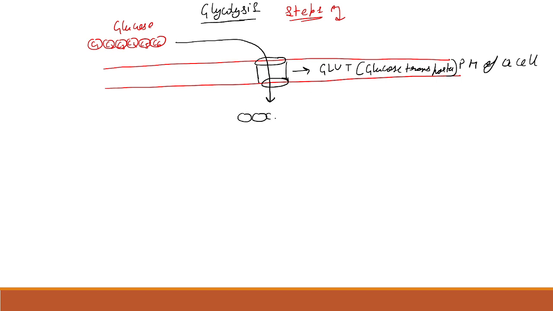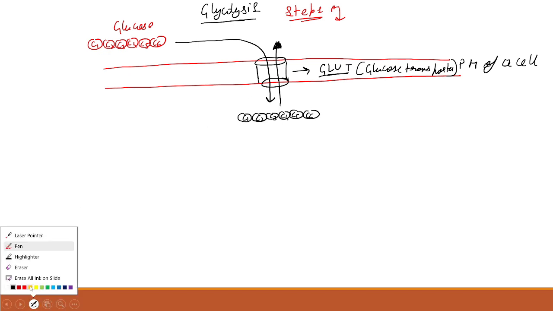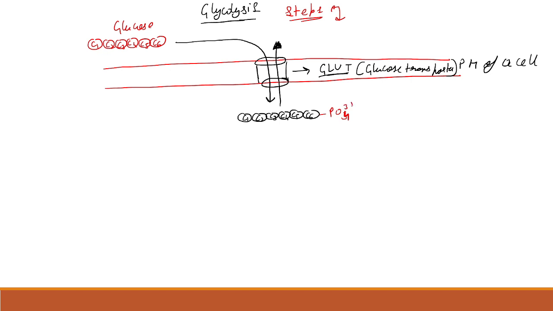But after entering the cell, the glucose may return out of the cell, because this GLUT transporter is bidirectional. So since the GLUT transporter is bidirectional, it can take the glucose back as well. So in order to stabilize this, we add a phosphate group to this molecule. So a phosphate group is added to this molecule.